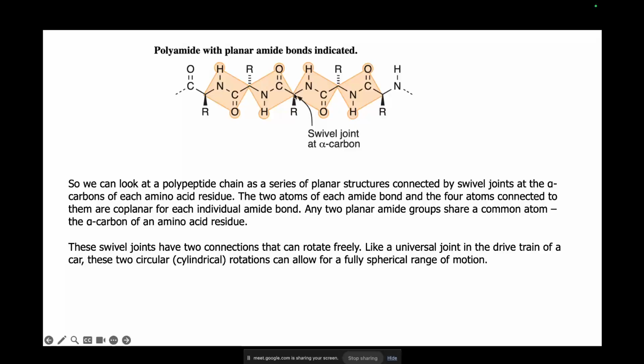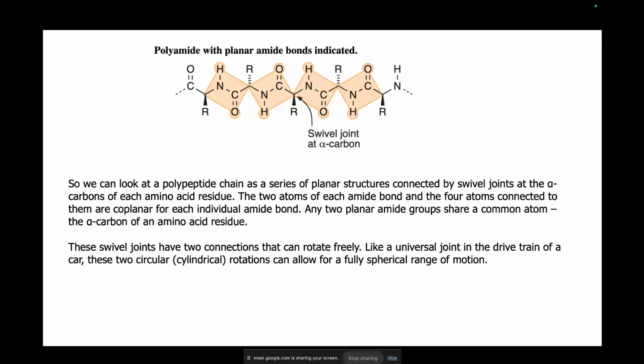So there is a carbon here which is connected to both this carbonyl group, which is the CO group, and it is also connected to the NH group, the amine group, right? So this carbon is basically the swivel joint that we are talking about, and this is defined as the alpha carbon, right?